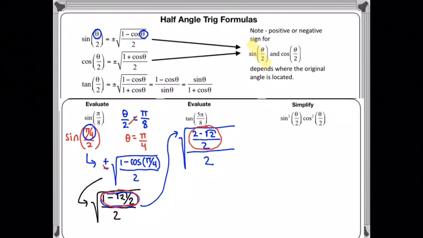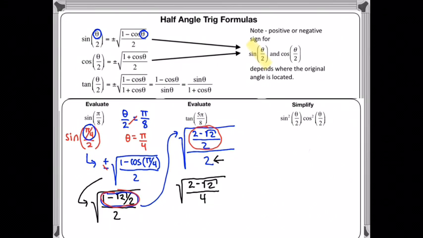Dividing by 2 is like flipping it and multiplying by 1/2, and so I end up with 2 minus the square root of 2 all over 4.